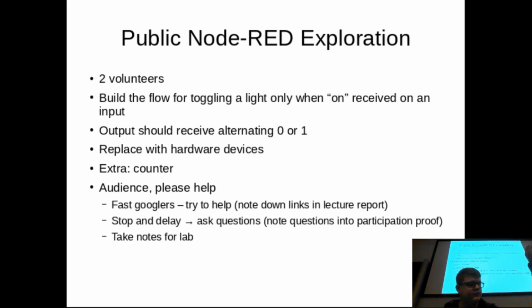So we'll just do that: when the button is pressed, the light comes on. But you have to help and figure out how we can toggle in Node-RED, because that's a little difficult. So you have the task to help your peers here and Google how we can toggle in Node-RED, so that you can give us instructions on how to toggle later. While we are working here and recording this, we want your help on how to toggle.